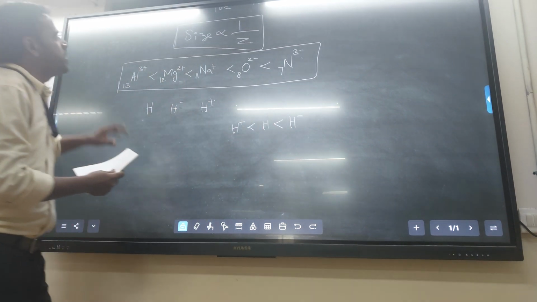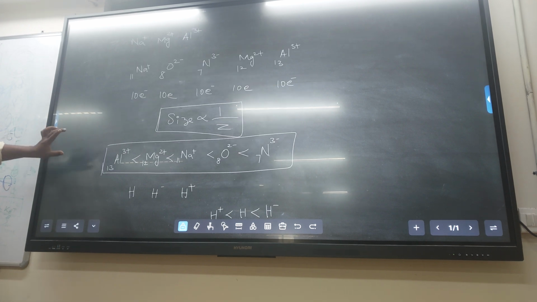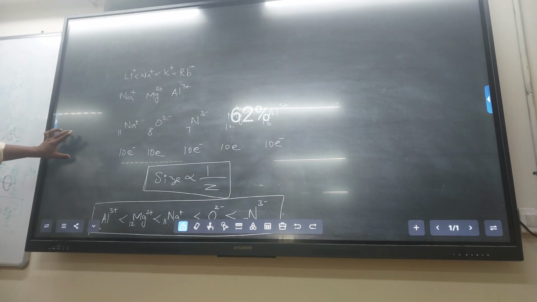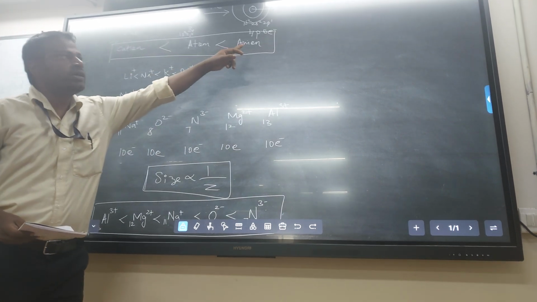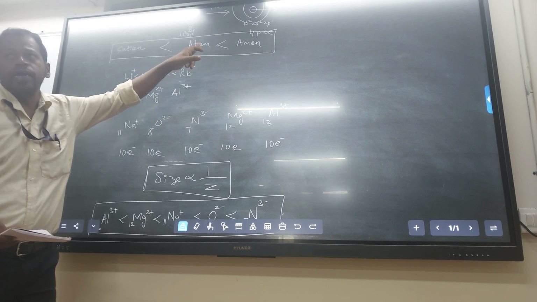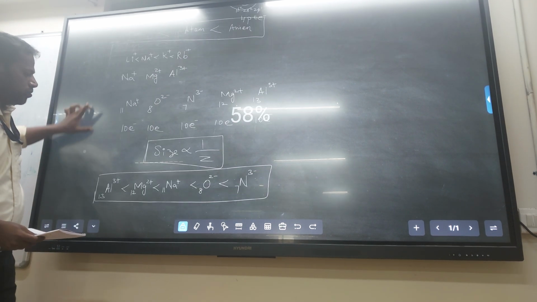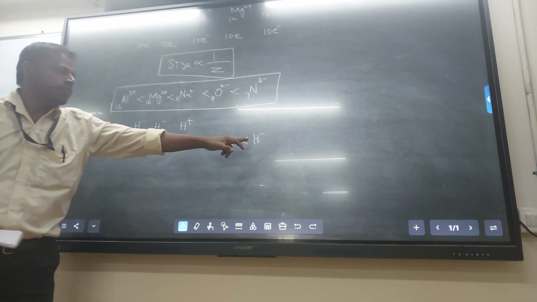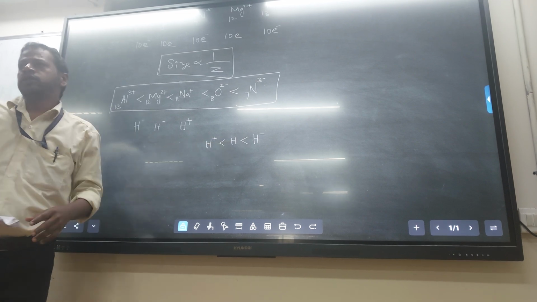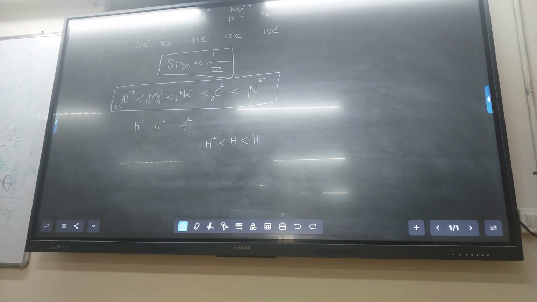That we know already. Anion first, then atom, then cation. So that is the order.